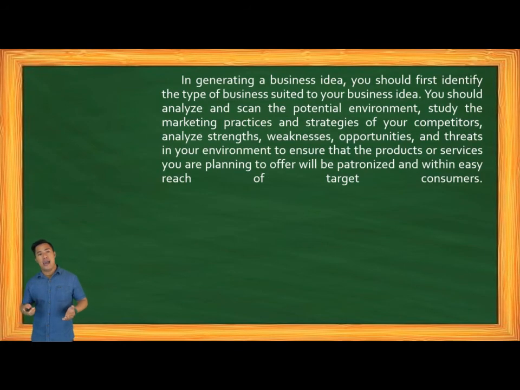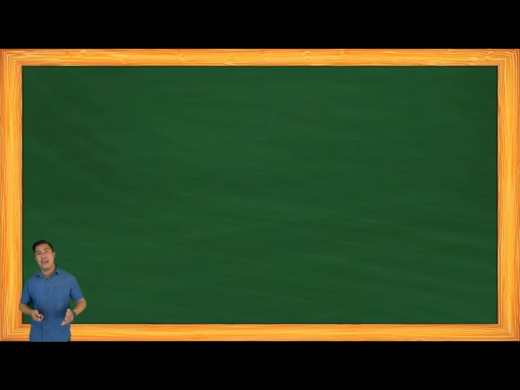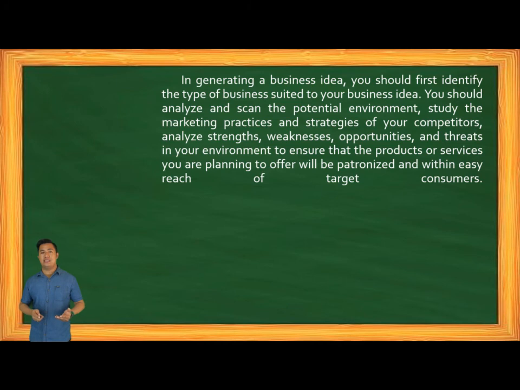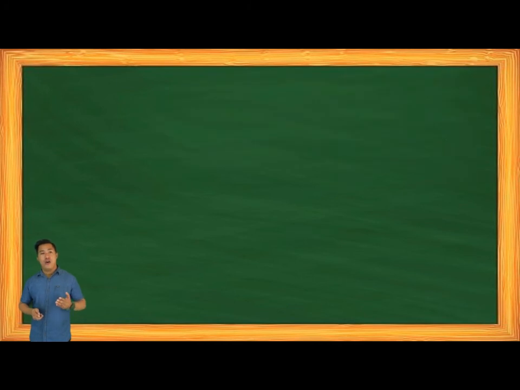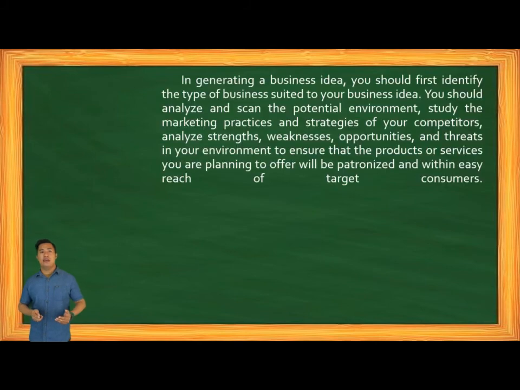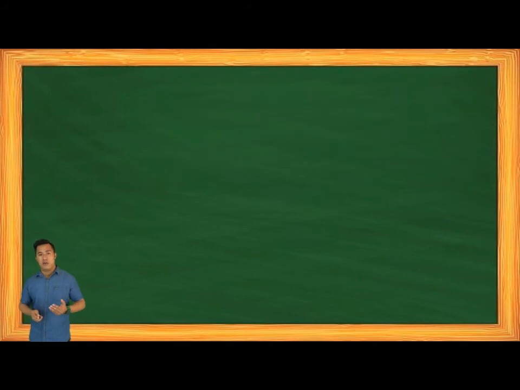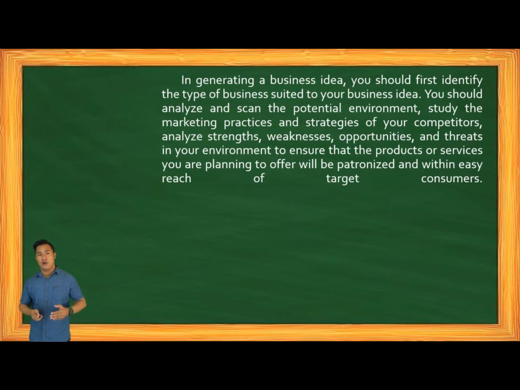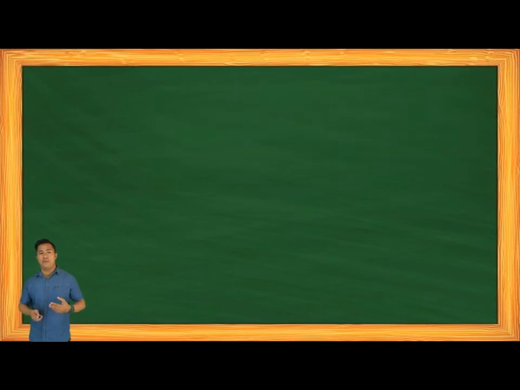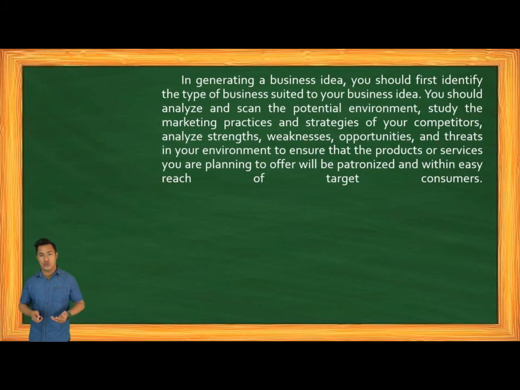And you should analyze and scan the potential environment, and study the marketing practices and strategies of your competitors. Analyze strengths, weaknesses, opportunities, and threats in your environment just to ensure that the products or services you are planning to offer will be patronized and within easy reach of the target consumers.